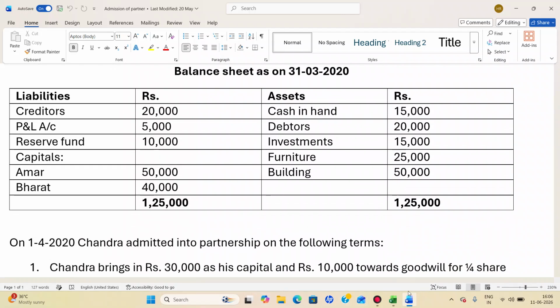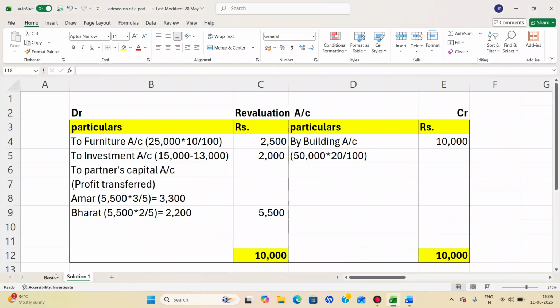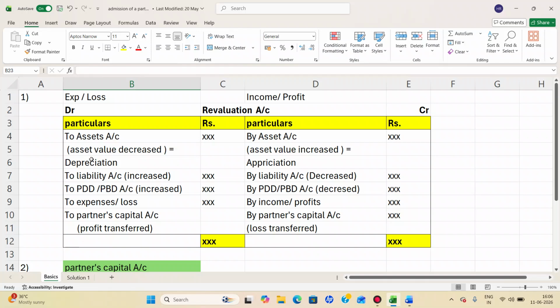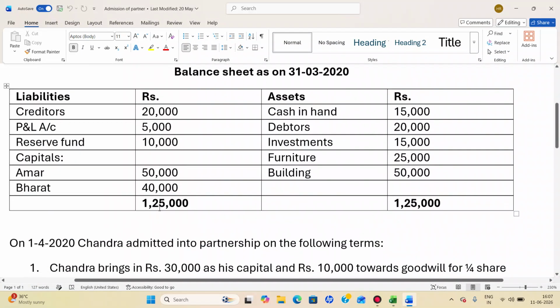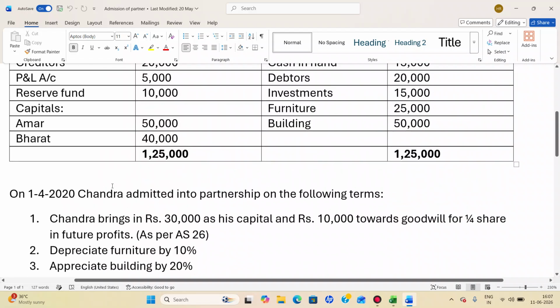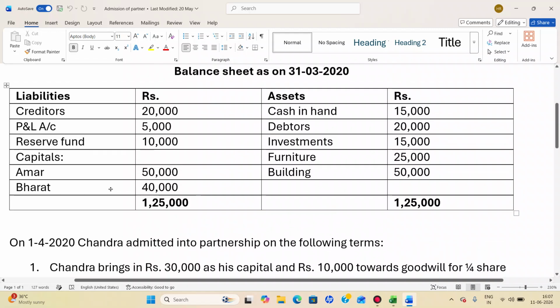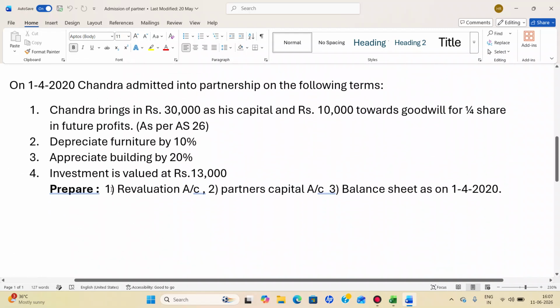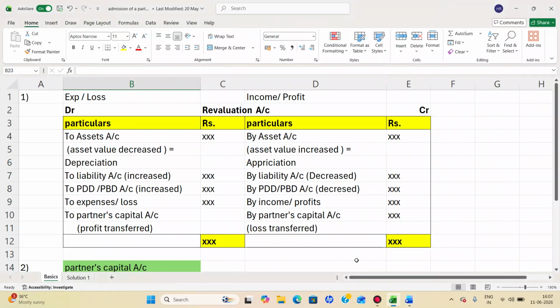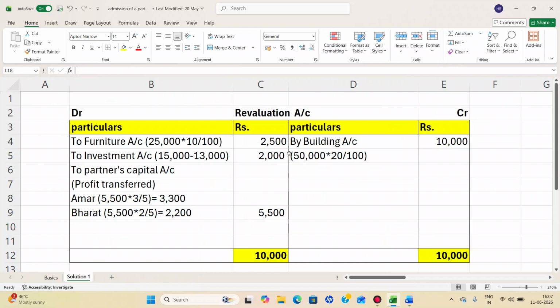Let us see the format now. Here assets are recorded. Liabilities increase: there is nothing in the question, as I mentioned. Liabilities adjustment is not given, so we should not record anything in the revaluation account. After that, if we add the debit side and credit side, the credit side is more, that is 10,000.